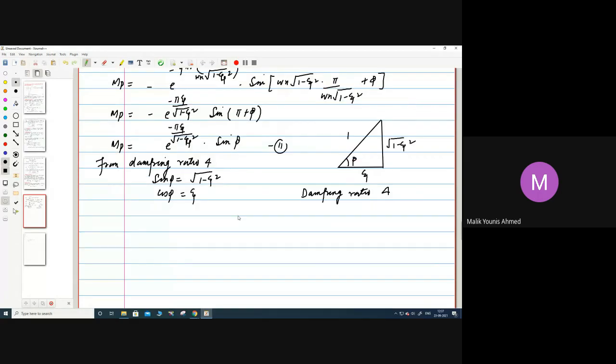Okay, now substituting these two, let us say this is third equation and this is fourth equation. Substituting the values of sine, we don't need value of cos. So Mp, substituting second, Mp will be e raised power minus pi xi divided by under root of 1 minus xi square.